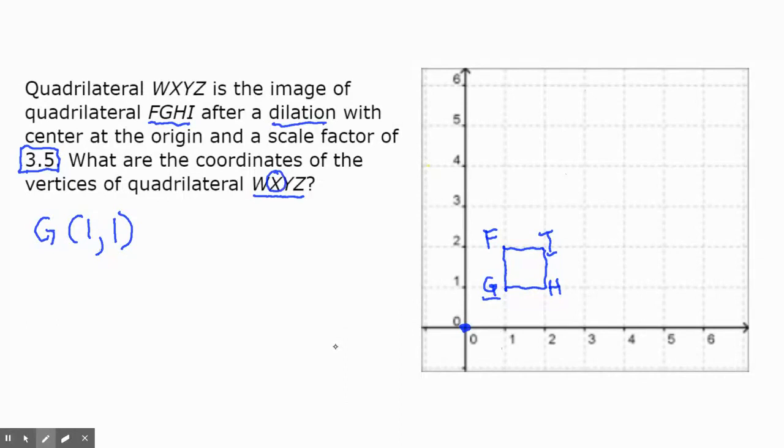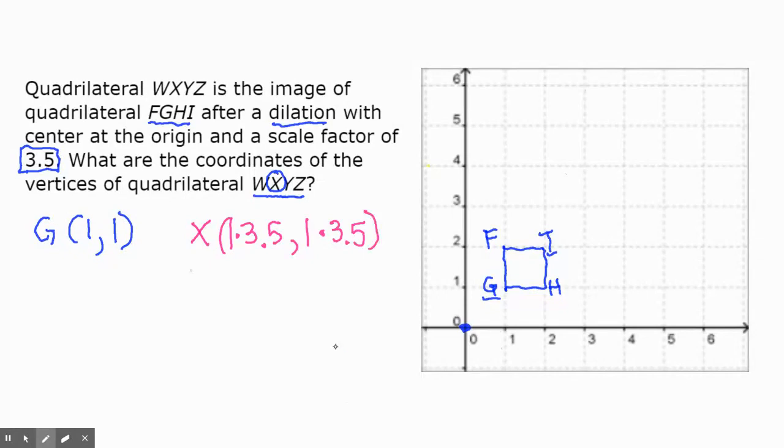So each coordinate I need to multiply by 3.5 to find the new coordinates for X. So 1 times 3.5 is my x coordinate, and 1 times 3.5 is my y coordinate.